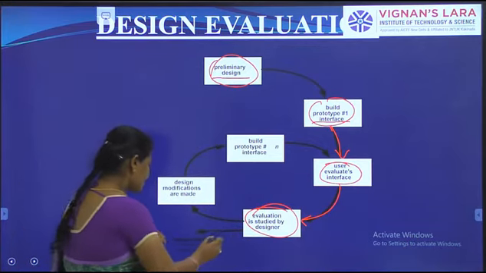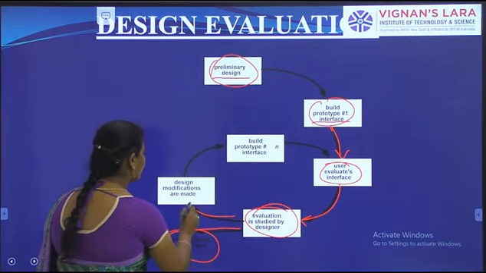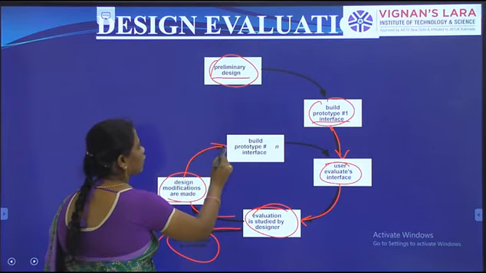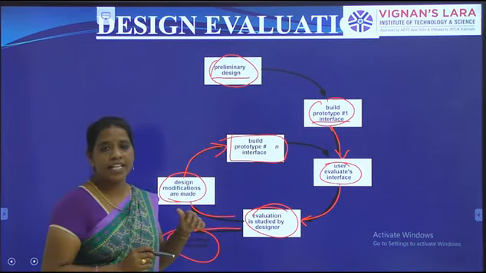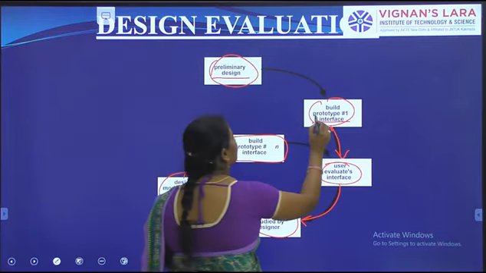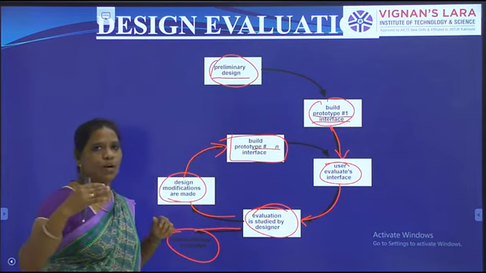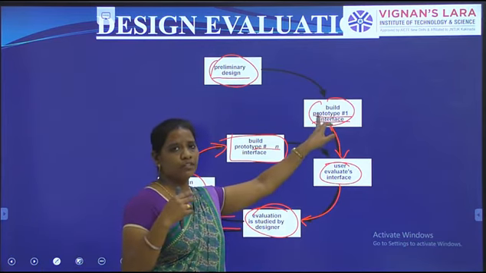After the interface design is complete, it will go for some modifications, and after the modifications they build the interface again. That means iteration. This is a prototype, like the iteration. They build some interface model for the first time.